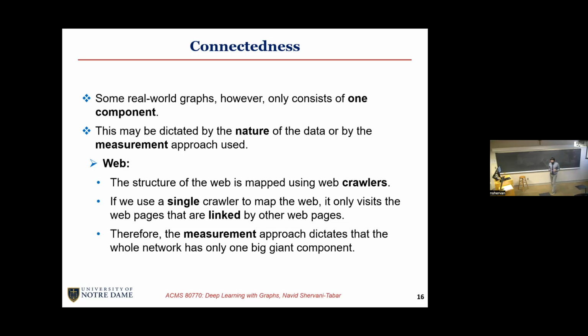So if you have used only a single crawler to map the web, there's no way you can get to a web page that is not connected to the other web pages, because that's the way the crawler essentially traverses different nodes in that graph. So based on the nature of the measurement, if we measure it using a single crawler, our web is only going to contain a big giant component.